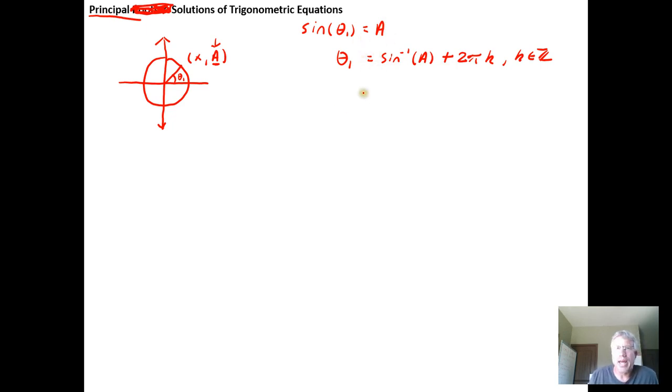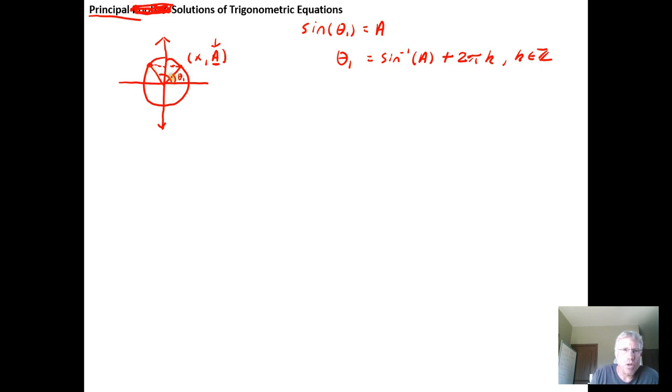But that isn't the whole story, because on the unit circle, if we do one revolution around the unit circle, there is another place on the unit circle that gives us a side ratio of A. And the way that we get that is we reflect our angle theta 1, which is in quadrant 1, over the y-axis, and if we do that, we get another angle right here.